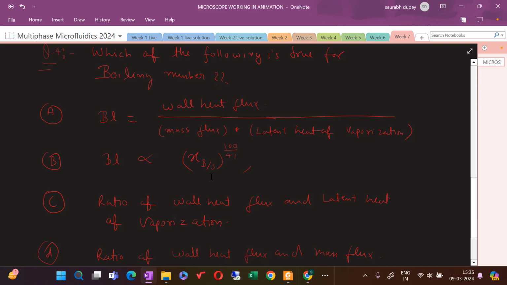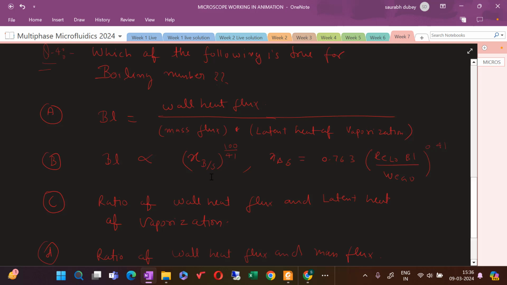And this transition length depends on the values like X_BS equals 0.763 Re_lo boiling number divided by something.